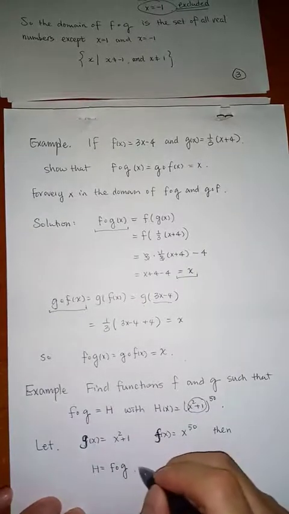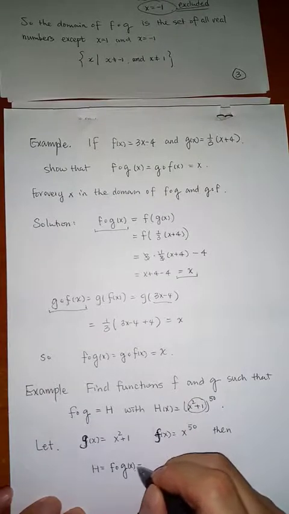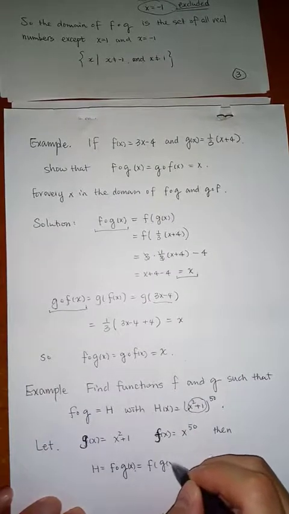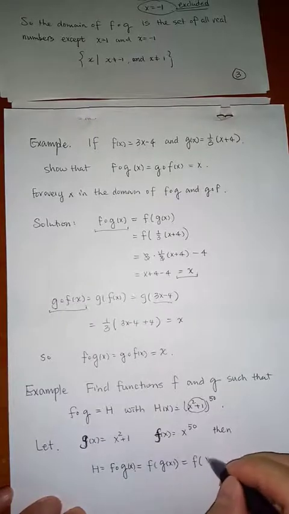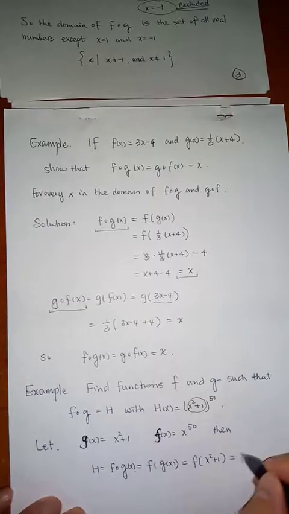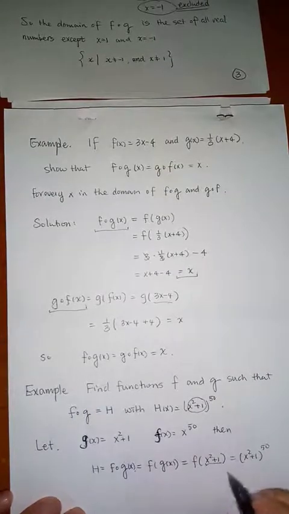Okay, f compose g of x is f of g of x. You see, f of x squared plus 1 is (x squared plus 1) to the 50th power. So first you apply g, and then you apply the 50th power. Okay, so that's the decomposition.